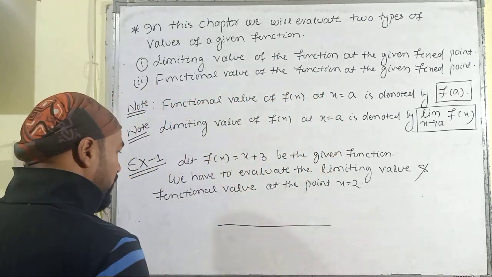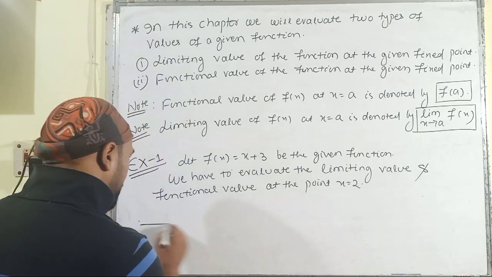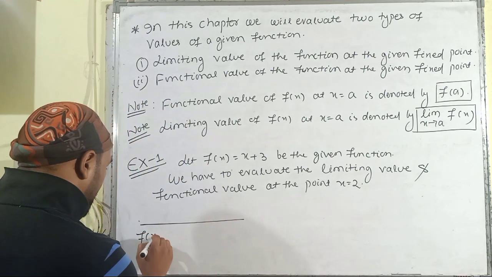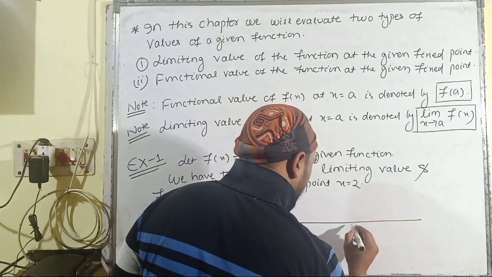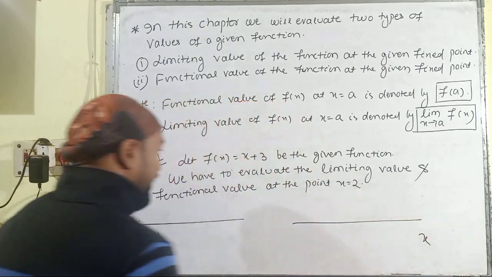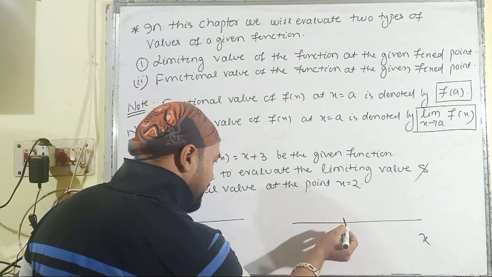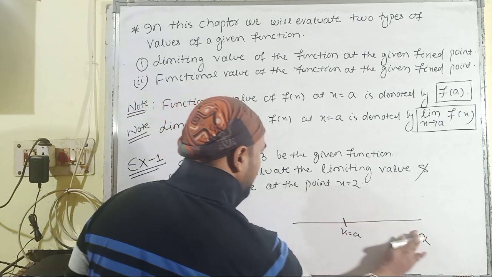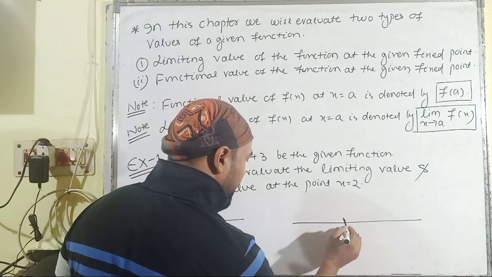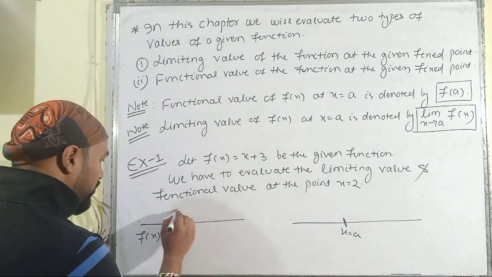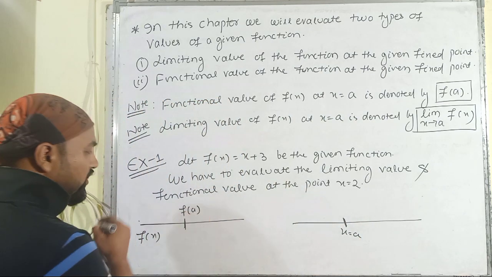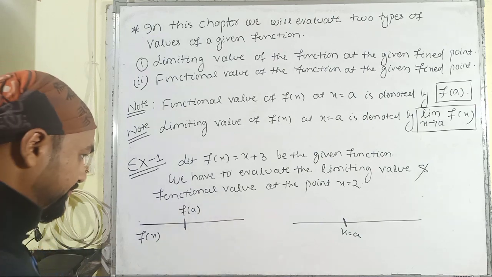Suppose this is the value of f of x and this is the value of x. In the functional value, whenever we put x equal to a, suppose this is the point a, here you will find the functional value f of a.